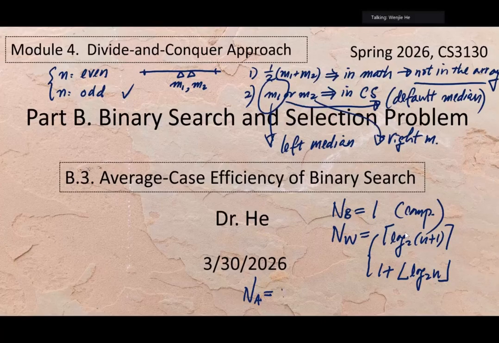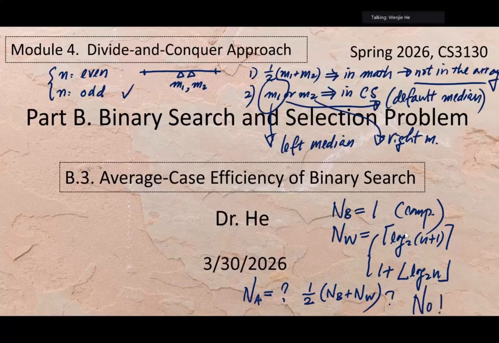Can we just write the average case efficiency number as 1/2 of the best case plus the worst case? We just take the average, 1/2 of B plus W. Think about that question. The answer is no. The answer is no.